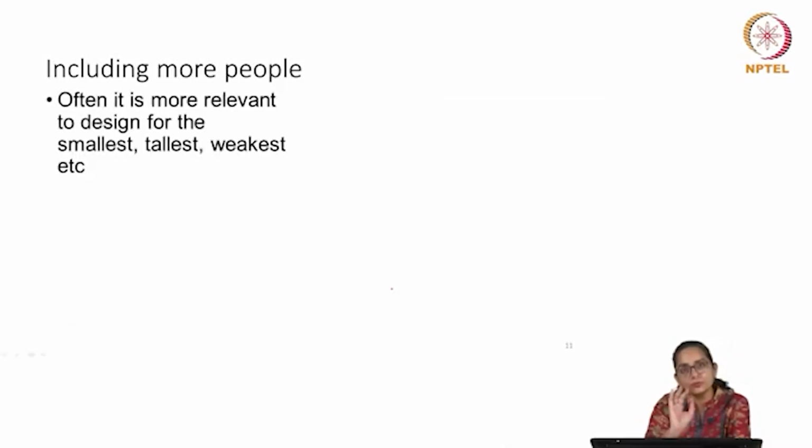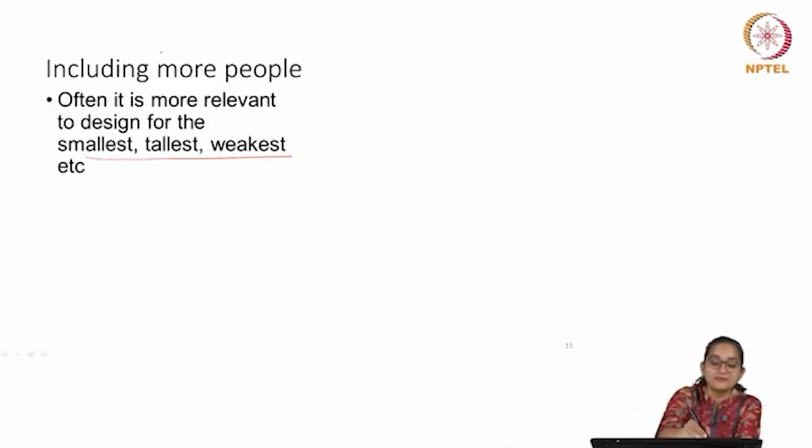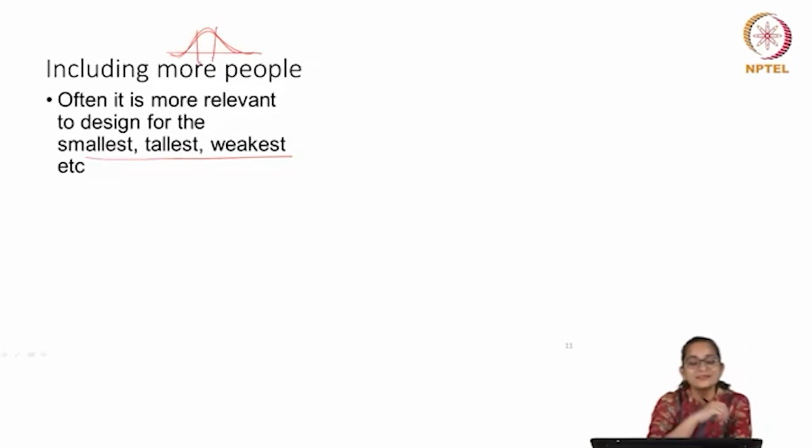In order to include more people, it is always more relevant to design for the smallest, weakest or tallest. So what we are trying to say is quite the opposite of the average user mindset, where we were saying that if you design for the middle part, you will be able to serve more people. We are saying actually no, design for the edge cases, design for the smallest, design for the weakest, design for the tallest.